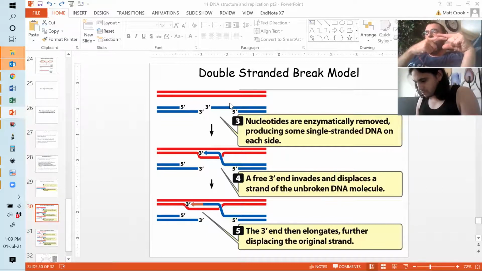Now that it has done so, we've got base pairing along here, hydrogen bonds and so forth. Now it can be used essentially like DNA replication, right? It's going to use this homologous strand as a template, and that invading strand is going to get extended as if it was synthesizing a new strand of DNA.